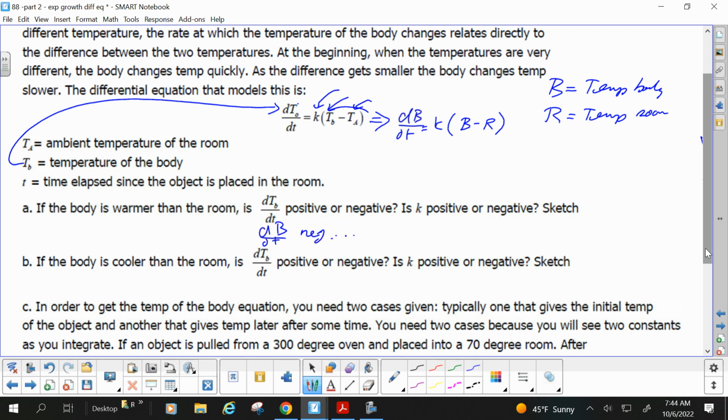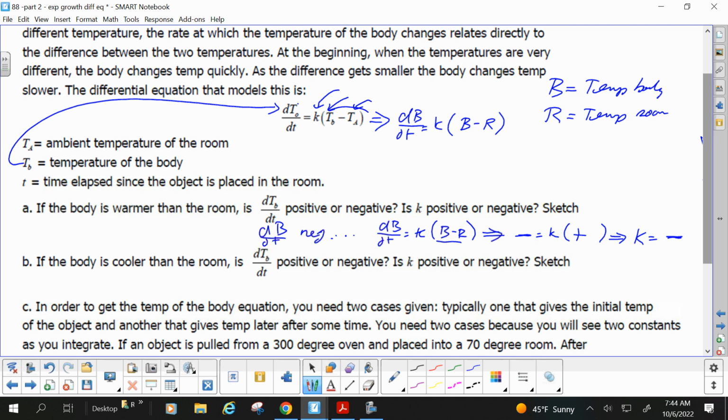Now, if dB/dt equals K times body minus room, and dB/dt is negative, and the body's warmer than the room, then body minus room will be positive. In this case, then, K should come out to be negative.